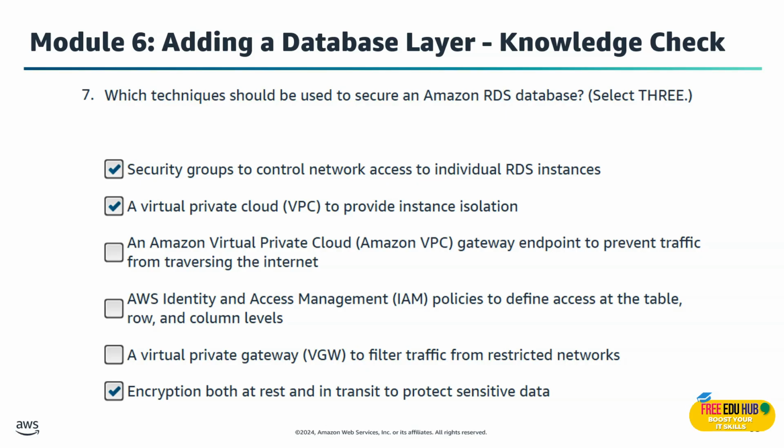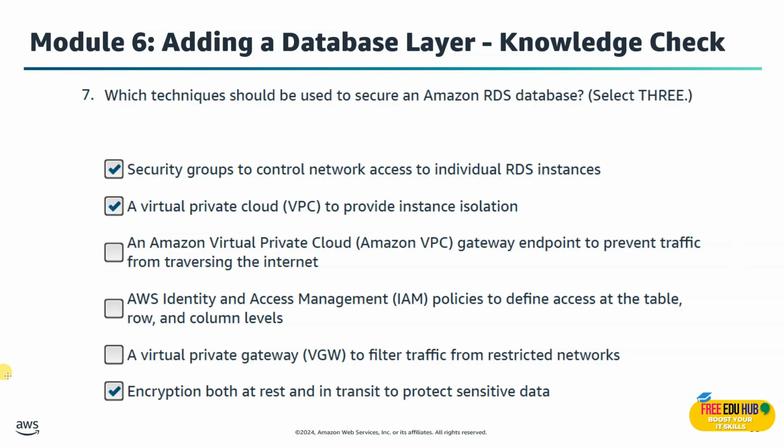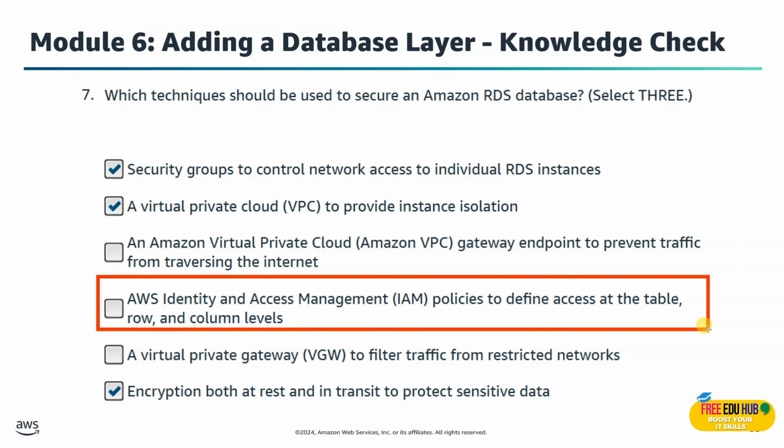Now let's go through the wrong answers over here. We are not selecting an Amazon Virtual Private Cloud VPC gateway endpoint to prevent traffic from traversing the internet. The reason is that gateway endpoints are for S3 or DynamoDB, not for RDS. Now, we are not selecting the option of AWS IAM policies to define access at the table, row, and column levels.